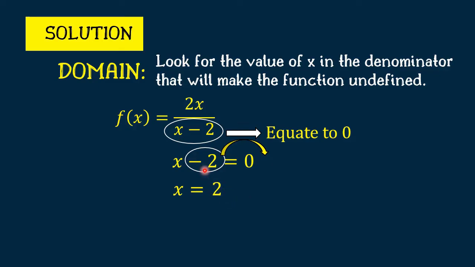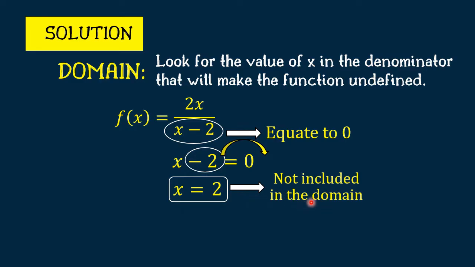So, if it is negative here, it will become positive on the right side. Therefore, the value of x that will make the equation here, or the denominator here, equal to 0 is positive 2. And this will make our function undefined.